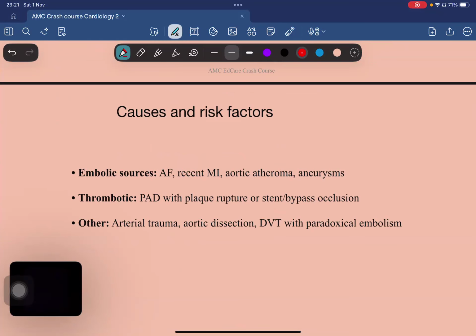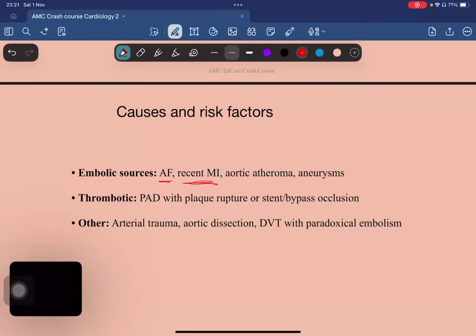Now, first, talking about the causes and the risk factors. Acute limb ischemia is most commonly caused by an embolus or thrombosis. An embolus often originates from the heart, especially in patients with atrial fibrillation or a recent myocardial infarction. An embolus is basically a dislodged clot that travels and blocks a peripheral artery.